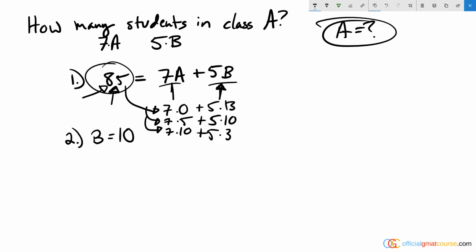So if I look at this, excuse my mistake here, 5 times 17 is 85. So let me correct that real quick. 5 times 17 would give me 85. 5 times 10 and then 5 times 3.